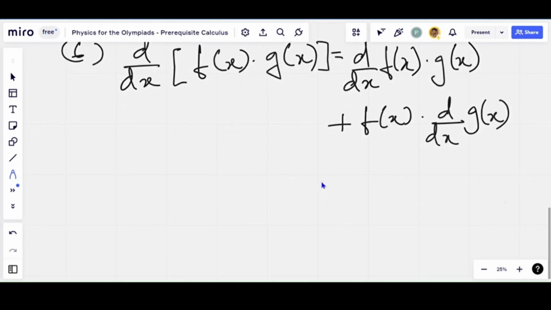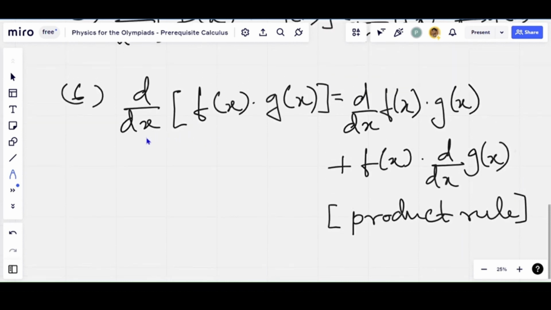This is known as the product rule. Here, on differentiating the product of two functions, we get the differentiation of the first function into the second function, plus the function which was previously differentiated, now not differentiated, into the function which was previously not differentiated. So this is the final result which I told.